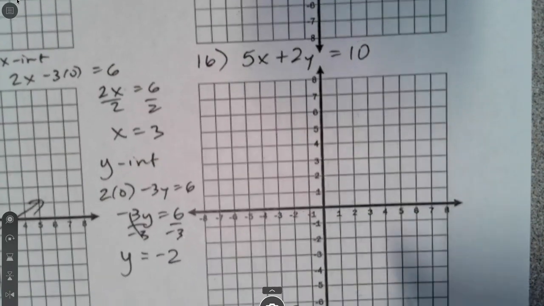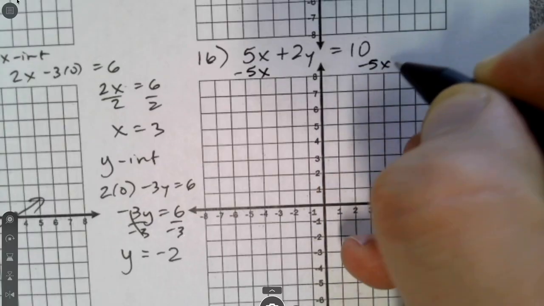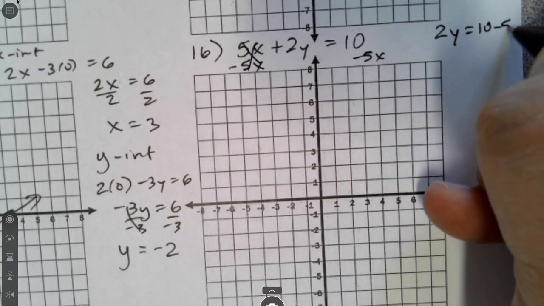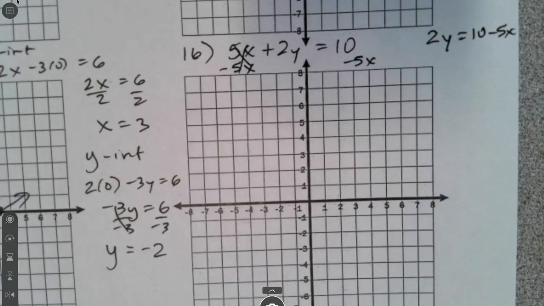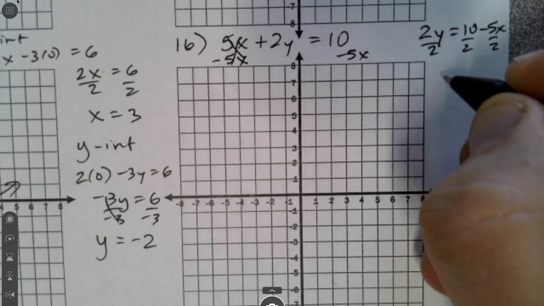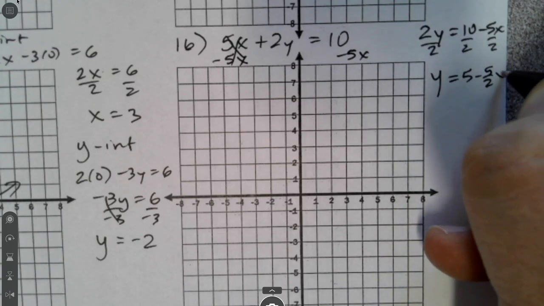But if it's not by itself, like in 16, we have to get it that way. So I'm going to subtract 5x from both sides. That gives me 2y equals 10 minus 5x. Then I have to divide everything by 2. So I get y equals 5 minus 5 halves x.